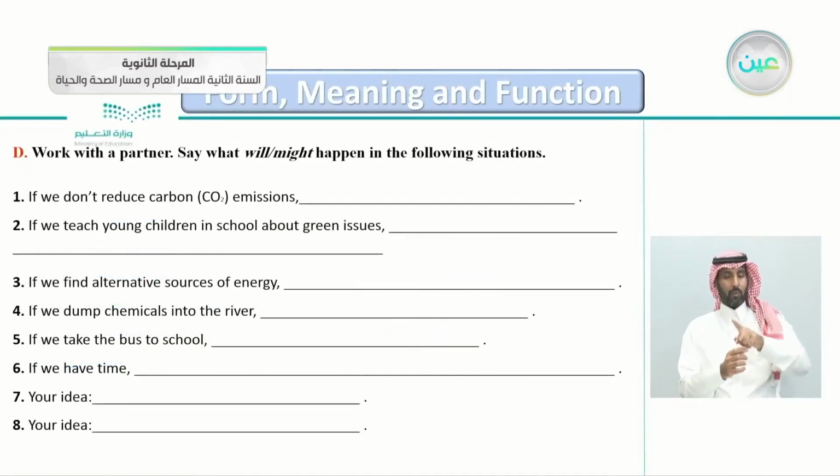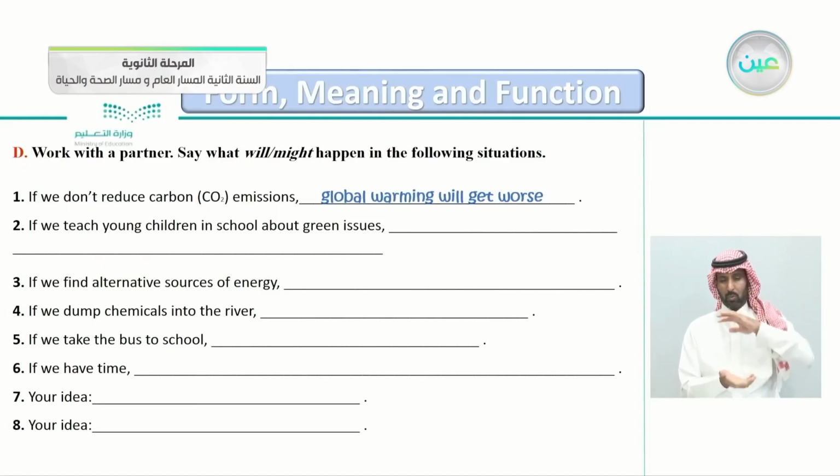Exercise D here. Work with a partner and say what will or might happen in the following situations. If you don't reduce carbon emissions, of course, you can continue this by yourself. For example, I wrote in the first one, if we don't reduce carbon emissions, what will happen?